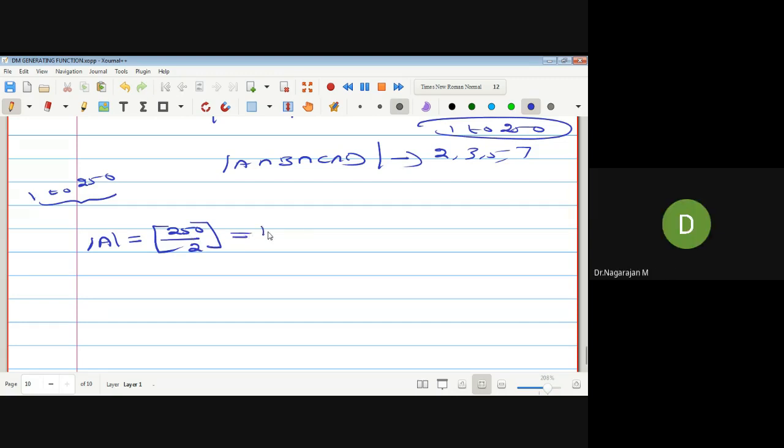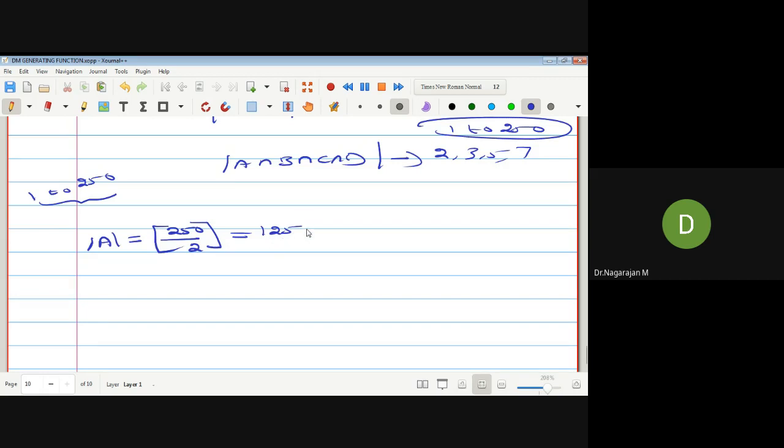125. Suppose there are decimal values, then you only consider the integer part, not the decimal part. Suppose 125.2, you write only 125.